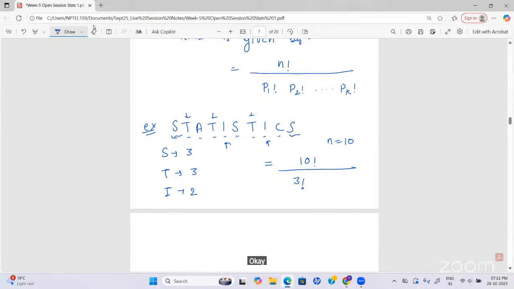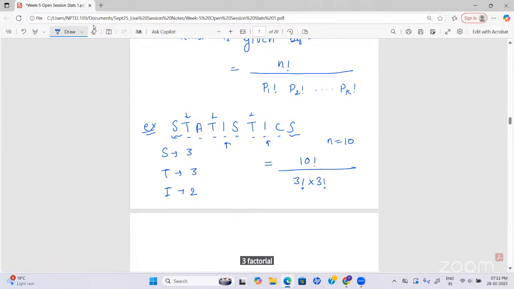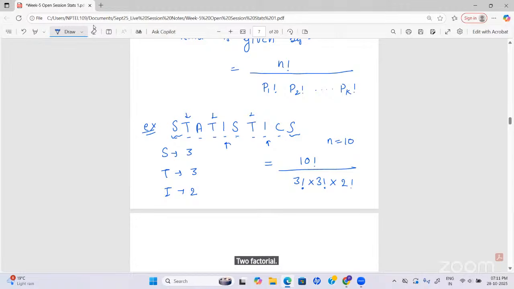Then T is repeating 3 times, so again you divide by 3 factorial. And I is repeating 2 times, so you divide by 2 factorial. Now is this clear? Yes, ma'am, it is clear.